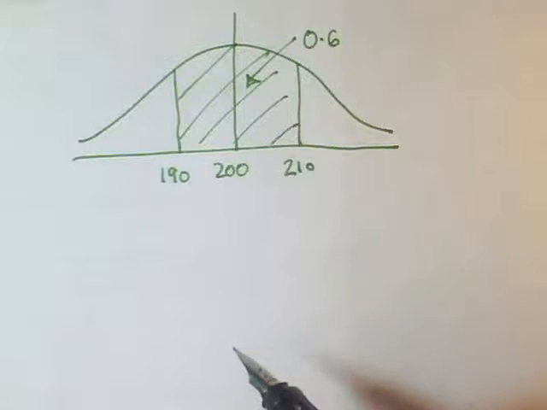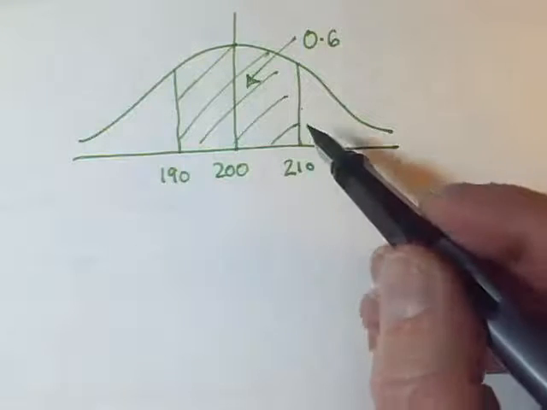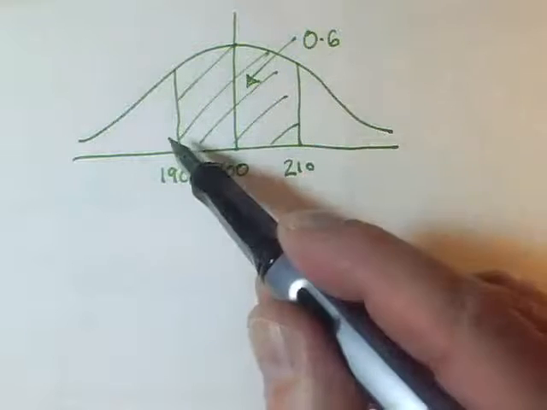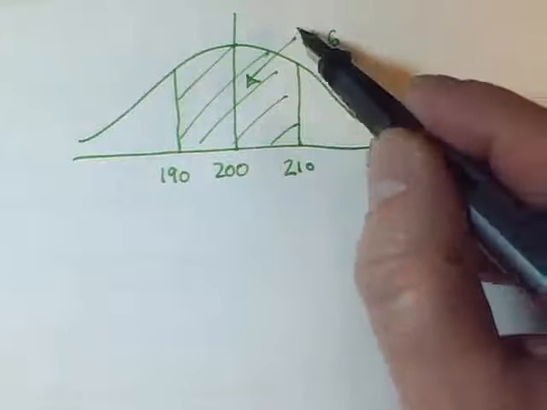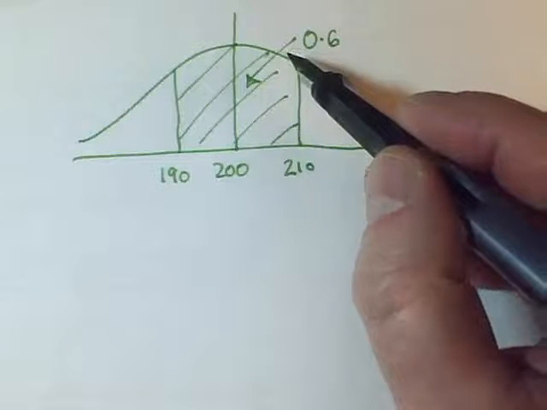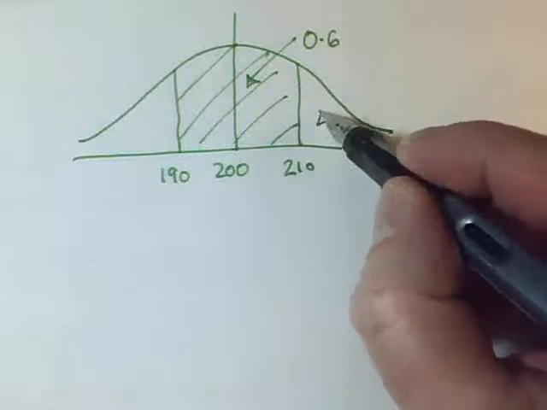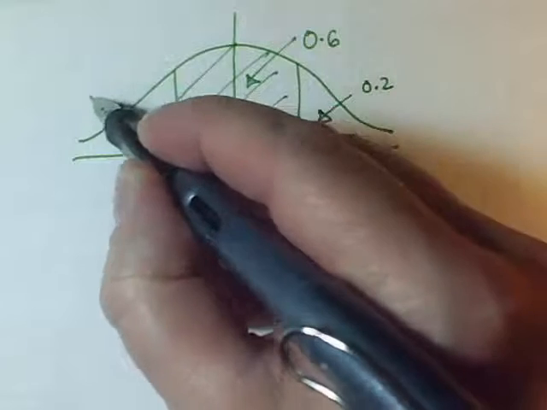So now we need to find a diagram we can use in conjunction with the tables. We've got 0.6 here. The good thing is it's symmetrical. These are the same distance either side of 200. So therefore the bit that isn't here, the 0.4 that's left over, taking this away from 1, must be shared equally. So this must be 0.2 and this must be 0.2.